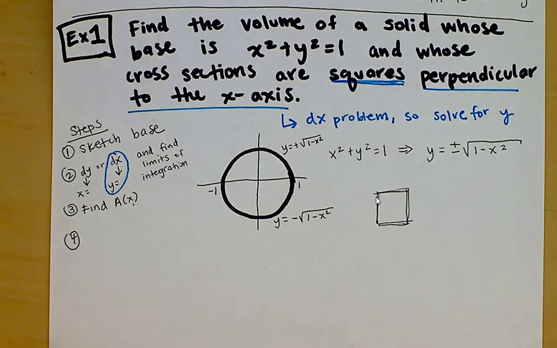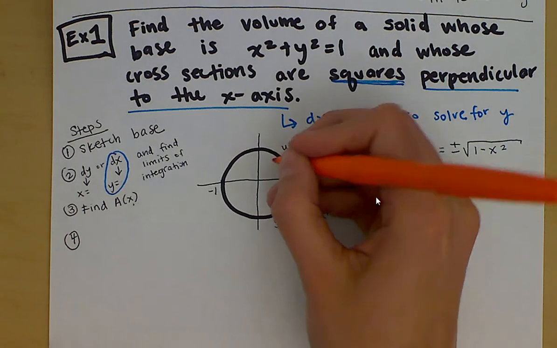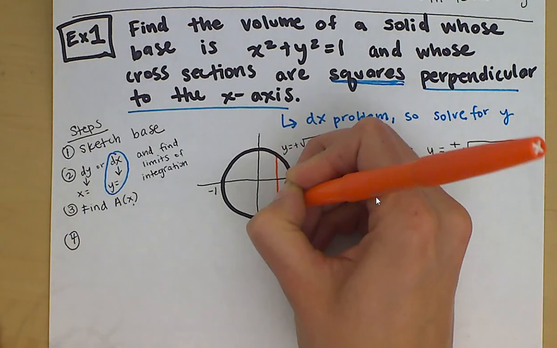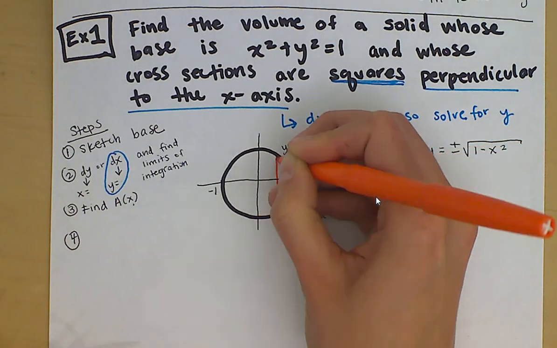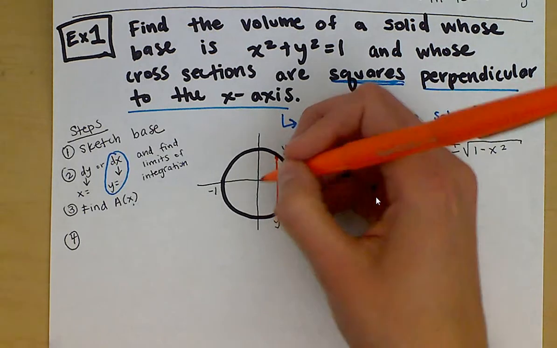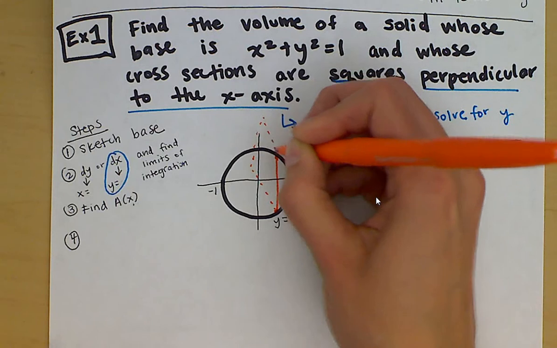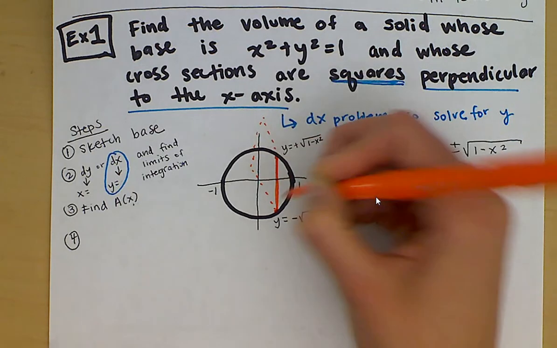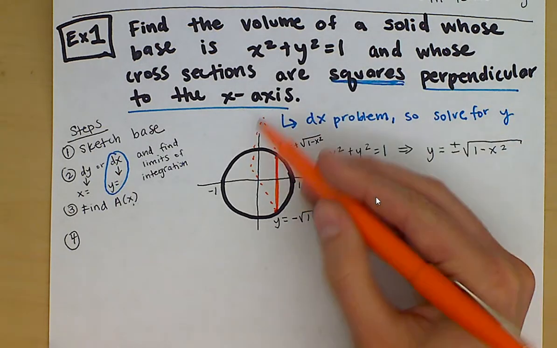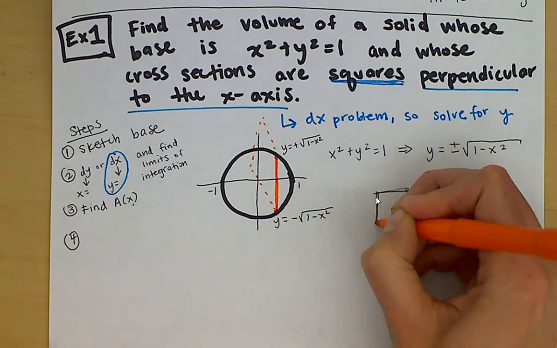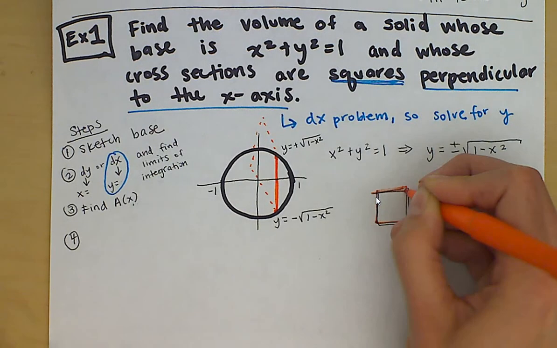So if you want, you can sort of imagine it in here. You don't have to draw this. You can just draw the line if you want, but I kind of outlined what that square will look like. And that's the same square that's over here.